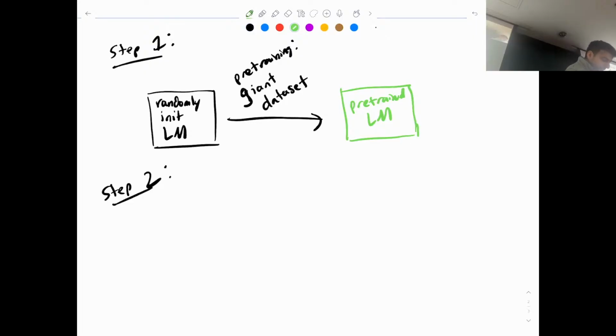But things that you should be aware of at least are, so in all cases, in the second step, when we start post-training, we will start with our output from pre-training.